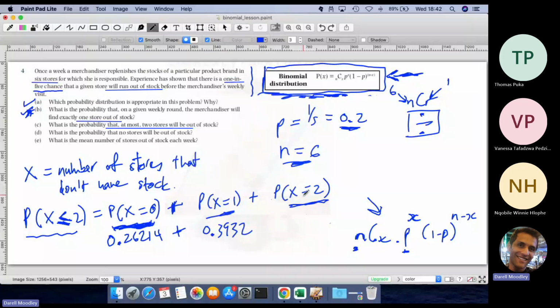And then lastly, the probability of x equal to 2. If you work this out, you get a value of 0.2458. Okay, and you add them all up. You add these three numbers up, and you get a final answer of 0.9011, or in other words, 90.11%. I'm just going to write it as a percent.